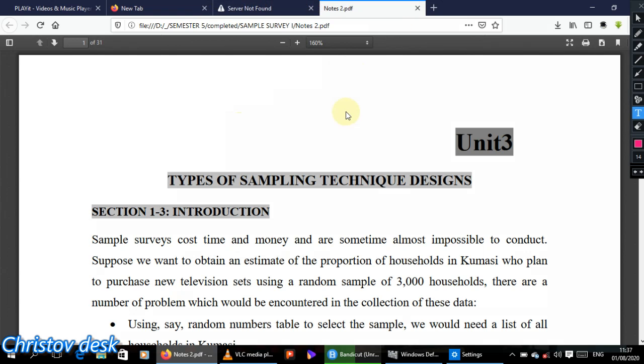The first one is a sampling error, and the second one is a non-sampling error, right?